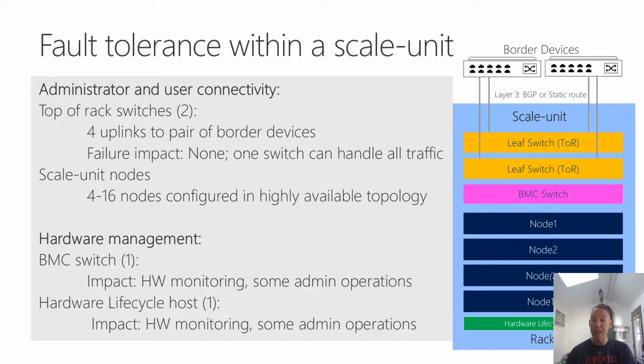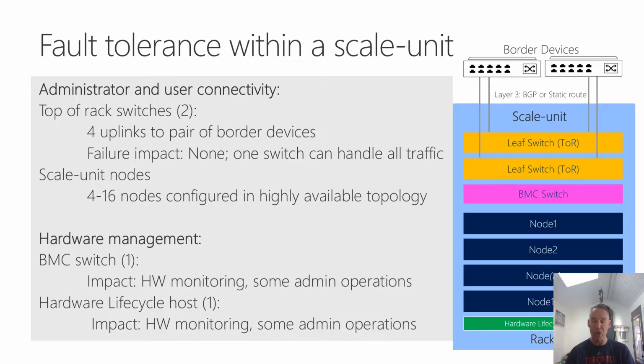There are a couple of things that have individual failures. So there's that BMC switch. It's the switch that connects the hardware lifecycle host to each of the server nodes so that the OEMs can provide their own special sauce for monitoring hardware level failures. So this would be like the DRAC or the monitoring systems that the OEMs would normally provide for their regular server environments. That switch is a single point of failure, but it's not crucial to the operation of Azure Stack.